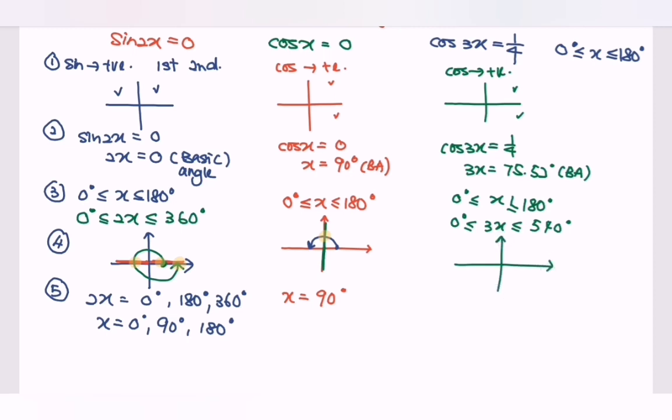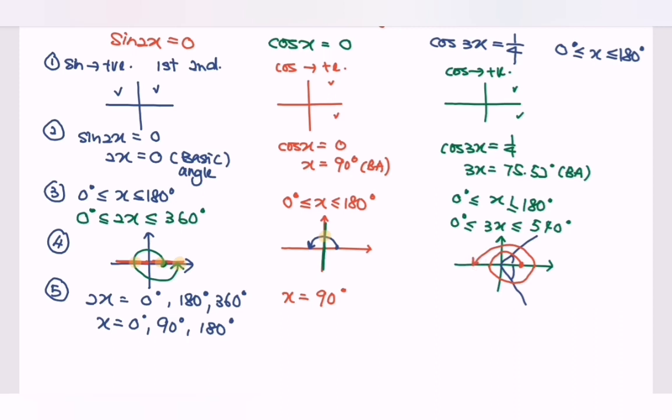So where we have the basic angle in the first and the fourth quadrant, and here we have 75.52, another 75.52. So based on the rotation, we will start from 0 until 180, until 360, until 540.